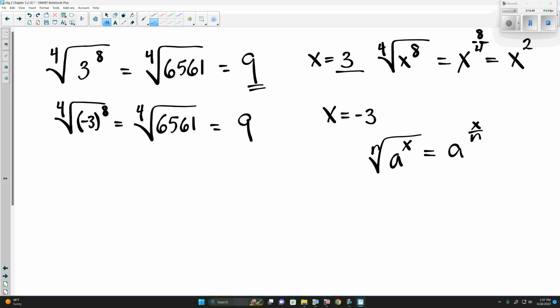In this case, we don't need the absolute values because x squared takes care of the negative. So do we see that? Because if we multiply a number by itself, a negative times a negative is a positive. A positive times a positive is still a positive. So in this case, we don't need the absolute values because that even exponent took care of it.